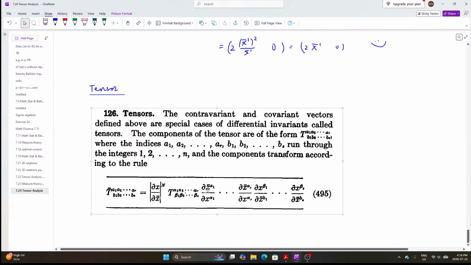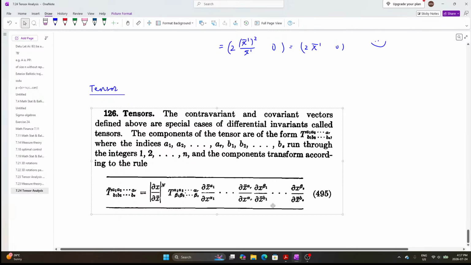So the dx bar alpha 1, dx bar a1. Yes, the first part seems to be the terms of contravariant, exactly. So these are the forward Jacobian, which corresponds to the upper indices, aka contravariant indices.